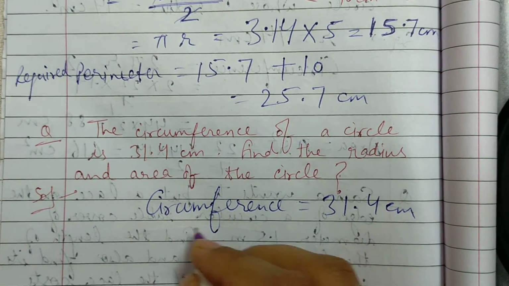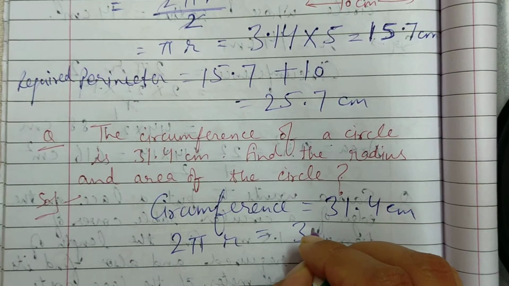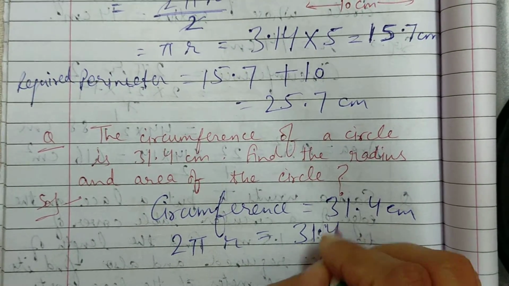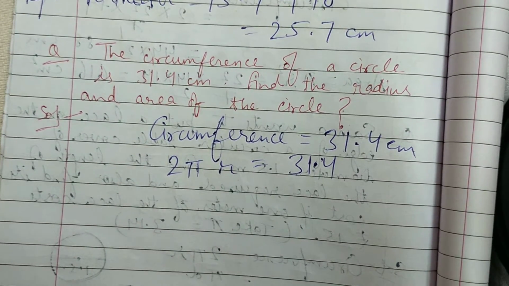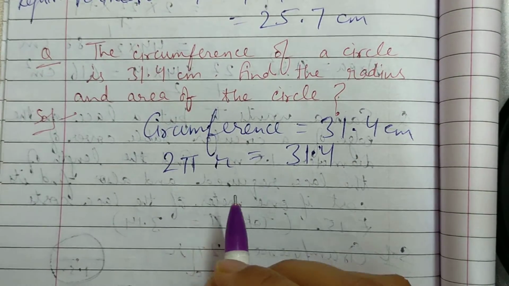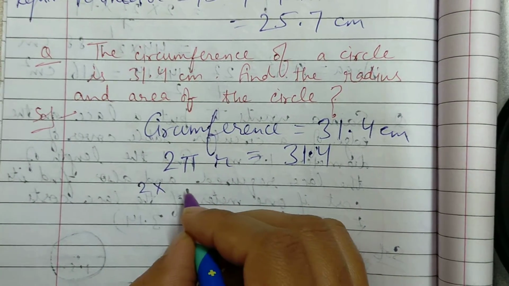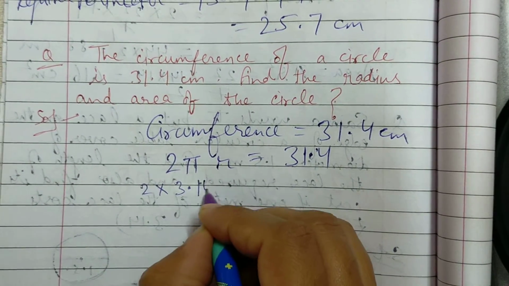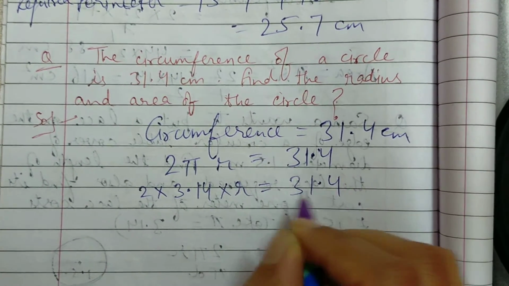What is the formula of circumference? It is 2 pi r. So it means 2 pi r is equal to 31.4. We have to find the value of r. So it is 2 multiply 3.14 multiply r is equal to 31.4.